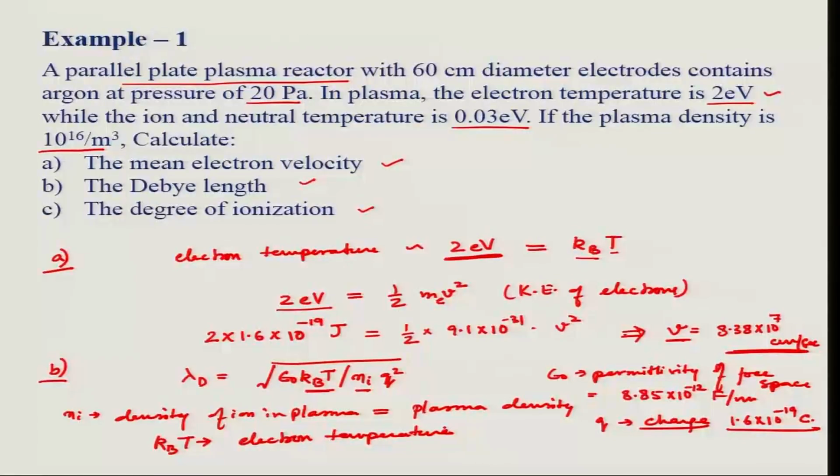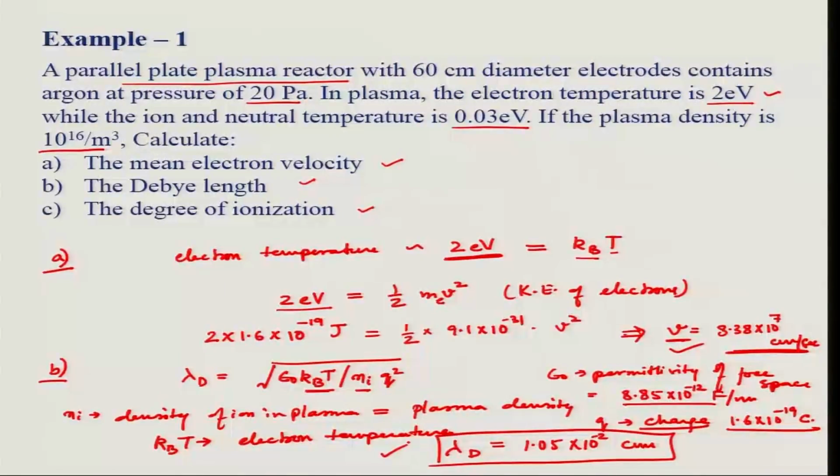Since we have all the information, we can calculate this value, and it comes out to be around 1.05 times 10 to the power minus 2 centimeter, very small. So, this is my mean electron velocity and Debye length.